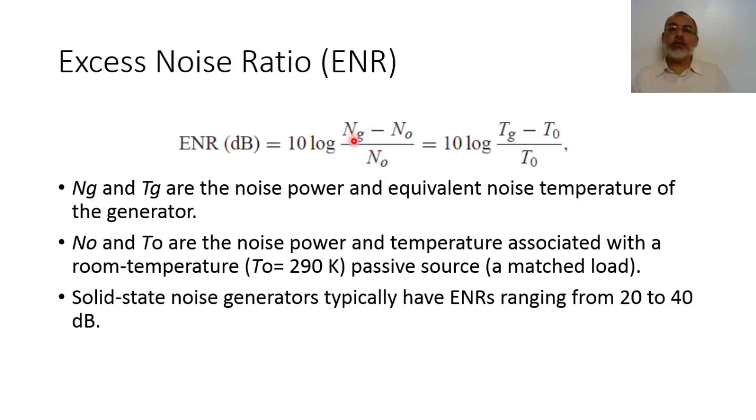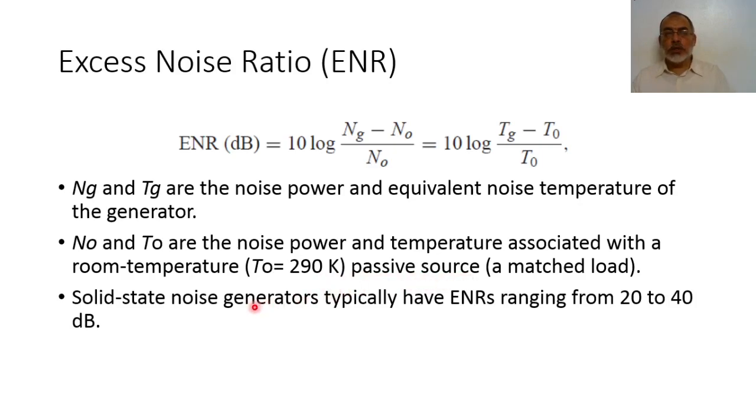And because the noise is represented in equivalent temperature, we can say simply 10 log of the effective temperature of the noise generator minus the ambient temperature T naught, over the ambient temperature, where Ng and Tg here are the noise power and the equivalent noise temperature of the noise generator. N naught and T naught are the noise power and the temperature associated with the room temperature or the ambient noise. And room temperature is usually around 290 kelvins for a passive source or matched load.